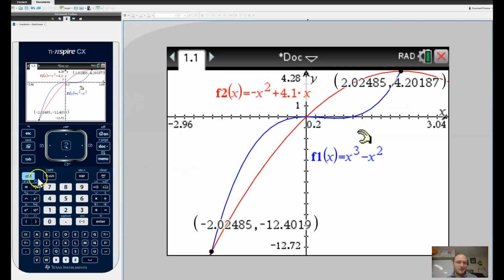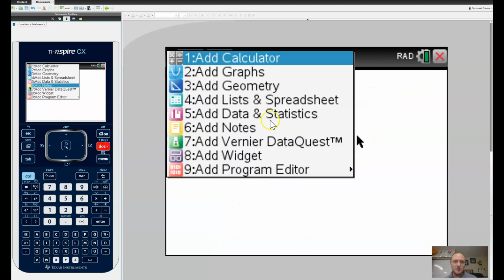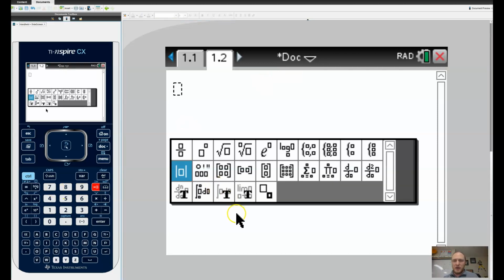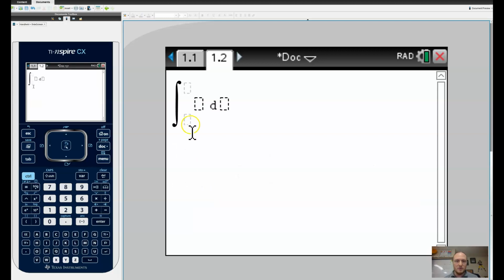So I'm going to add a page, and I'll add a calculator, and I'm going to show you a trick here. I'm going to open up an integral. I want the integral from negative 2.025 to 0 of f of x minus g of x.